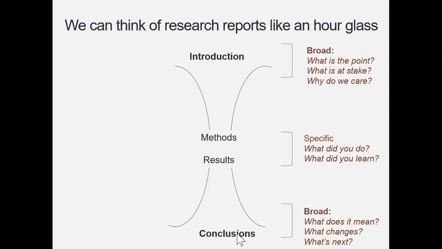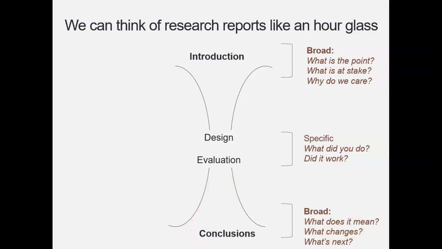And then the middle sections are more specific, answering specific questions about what you did, what you found, what you learned. Same thing goes if you have a proof of concept project. You want to start broad. What's at stake? Why do we care? Then the specifics of what you did, and then go broad again to what it means.